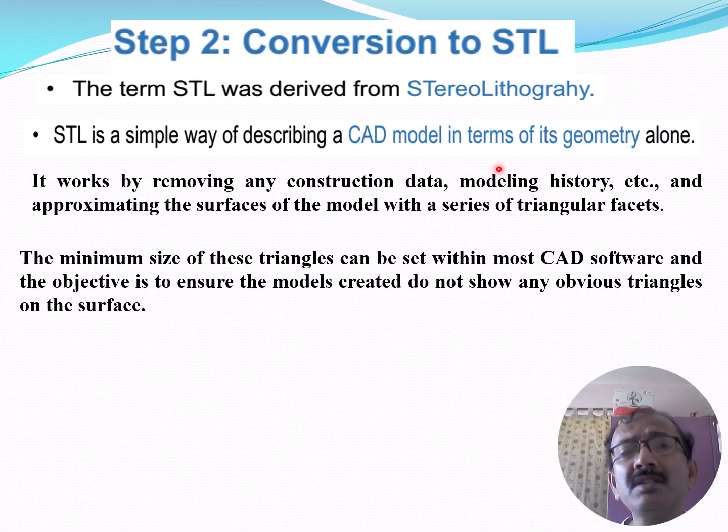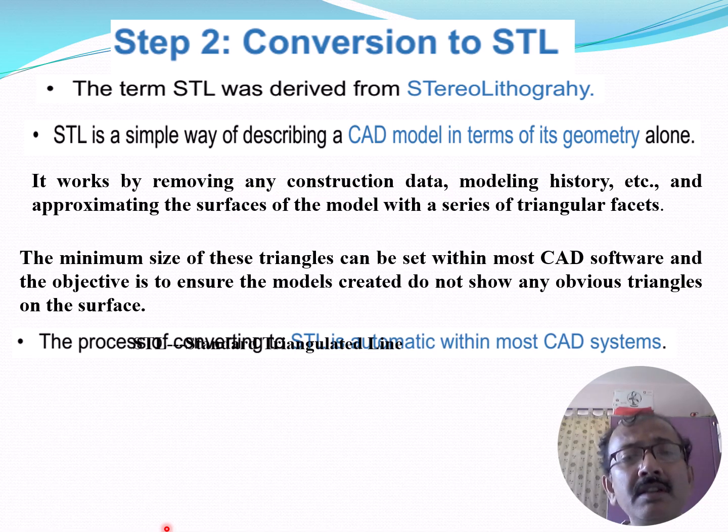So that means the CAD model is converted into STL, the standard triangulated language. The minimum size of these triangles can be set within most CAD software, and the objective is to ensure the models created do not show any obvious triangles on the surface.